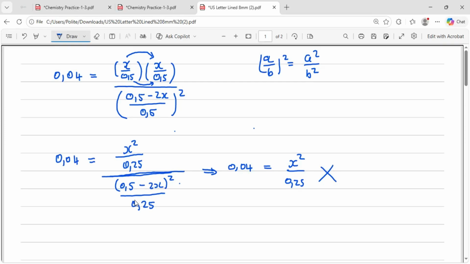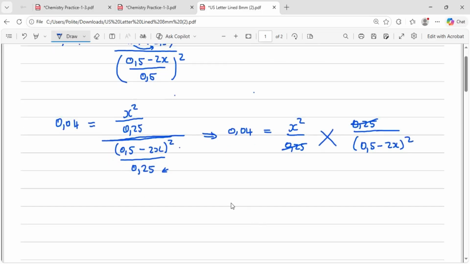Instead of division, we can multiply by the reciprocal, meaning the denominator becomes our numerator and the numerator becomes our denominator, which is (0.5 minus 2x) squared. So now you can see that the 0.25 will cancel. What do we have now? This will leave you with 0.04 equals, this is 1, and we are left with 1 there.